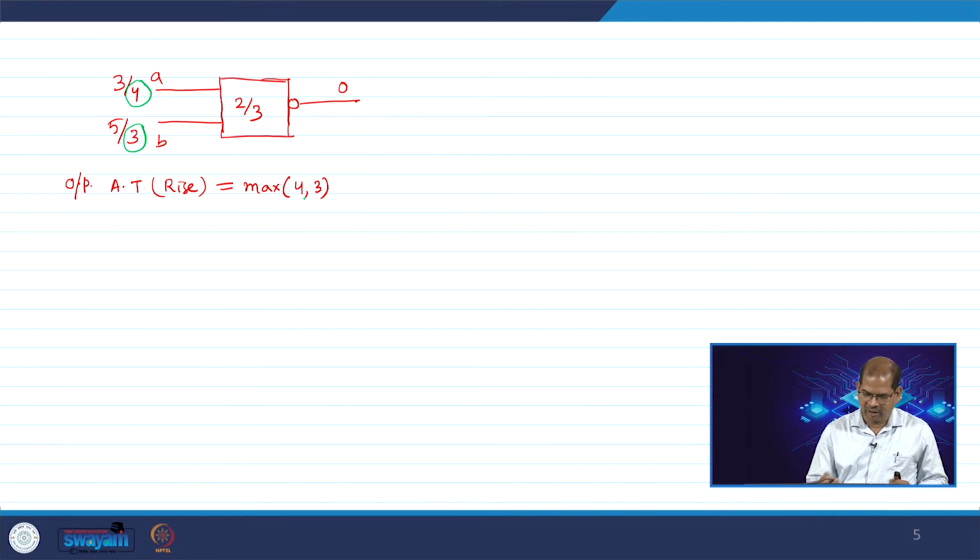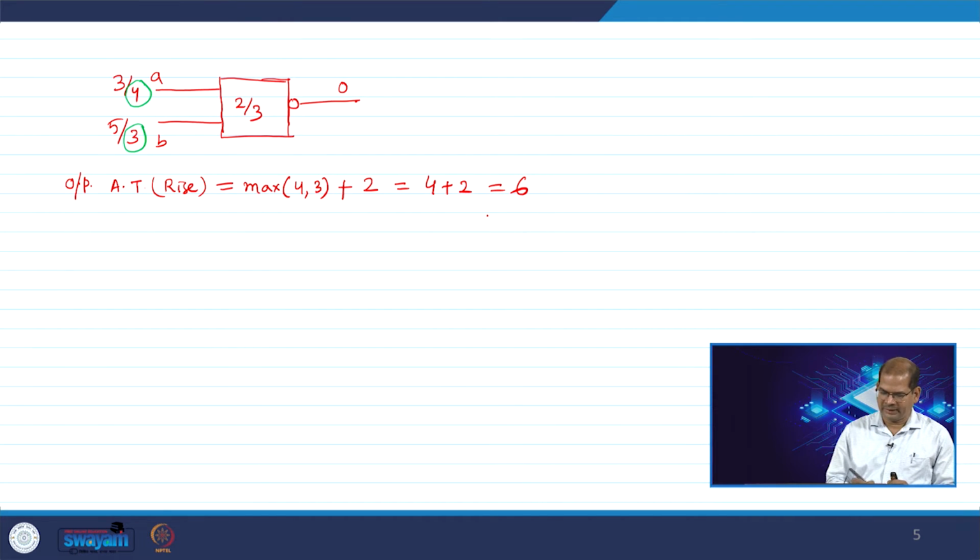Out of which is max, that should be taken. Then you have to add the rise time. What is the rise time? 2. So, this is 4 plus 2, it is 6. So, output arrival time rise is 6.